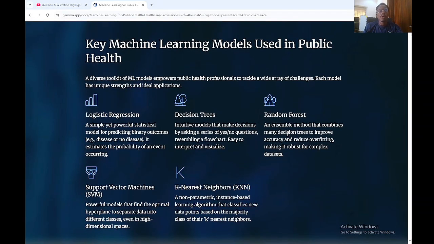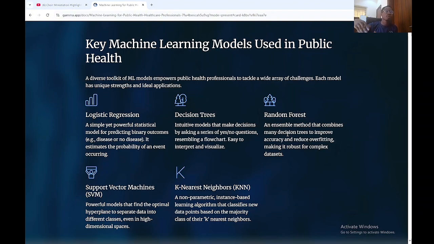Now we're going to look at some of the key machine learning models that are used in public health. I talked about unsupervised and reinforcement learning, but we're going to talk about those in our next sessions. As we have already explained, machine learning is where the computer is able to perform actions based on insights it has garnered from data.